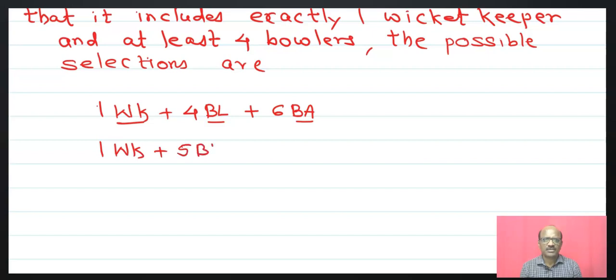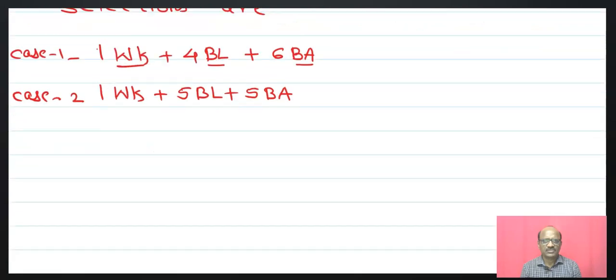Next choice will be 1 wicket keeper, 5 bowlers and 5 batsmen. Case 1 and case 2.